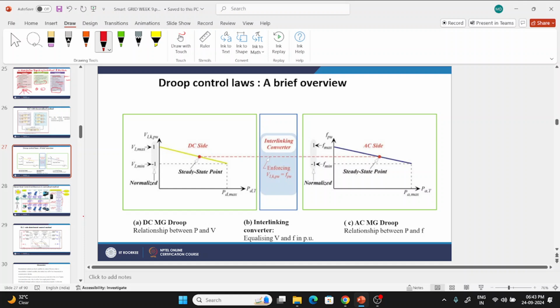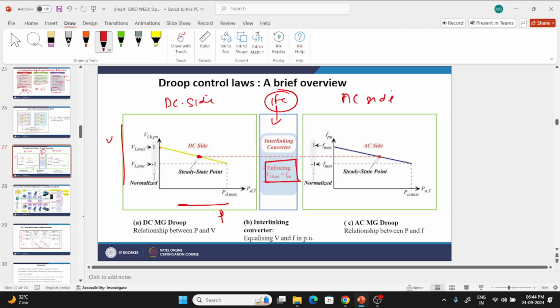In this figure, first it shows the relationship between P and V. P is here and V is here, and this is the DC side, and this is the AC side, and these are the interlinking converters. The aim of the interlinking converter is to equalize the V and F in per unit.